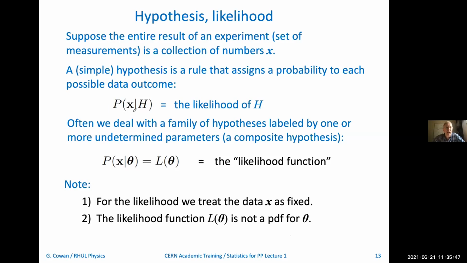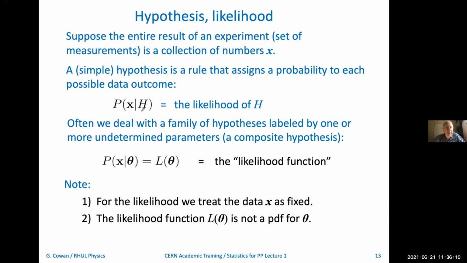So P of x given h, that defines my model. And when I say I'm talking about a particular hypothesis, then that implies that I was able to write down such a rule. It's not just a statement that's true or false. It implies an assignment of probabilities to the outcomes that I think I could measure.